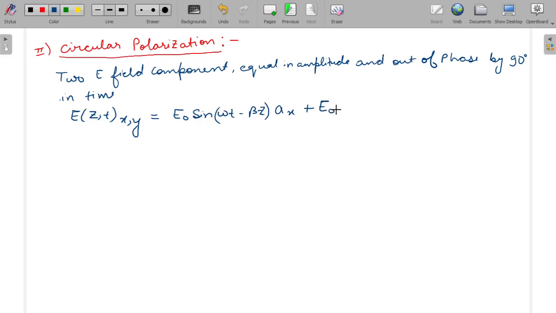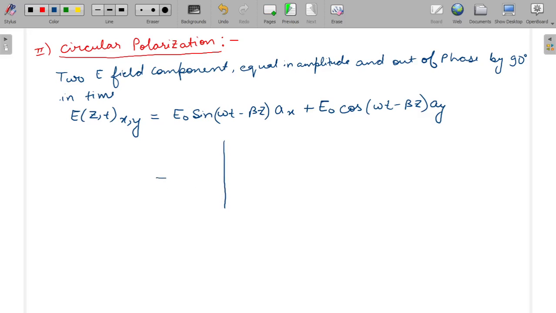Sine shifted by 90 degrees becomes cos. So if the equation is given like this, then this is the case of circular polarization.